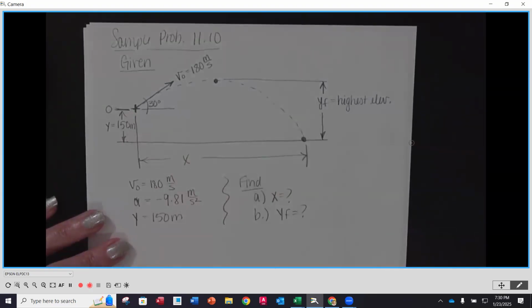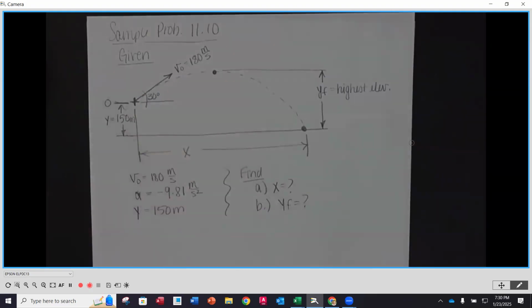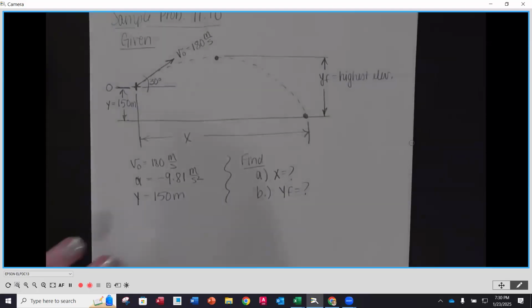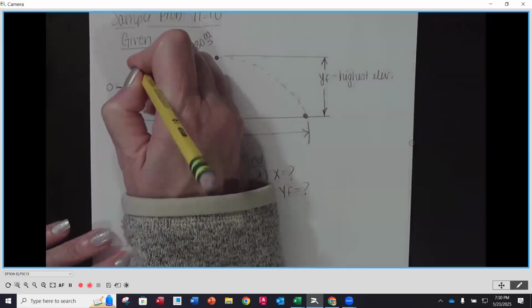Now, because this is a projectile, we have those two conditions going on simultaneously. We have horizontal and we have vertical, okay? So we want to find what those horizontal and vertical components are to get started, and then we're going to be looking at the separate motions. So components. I am going to draw them up here.